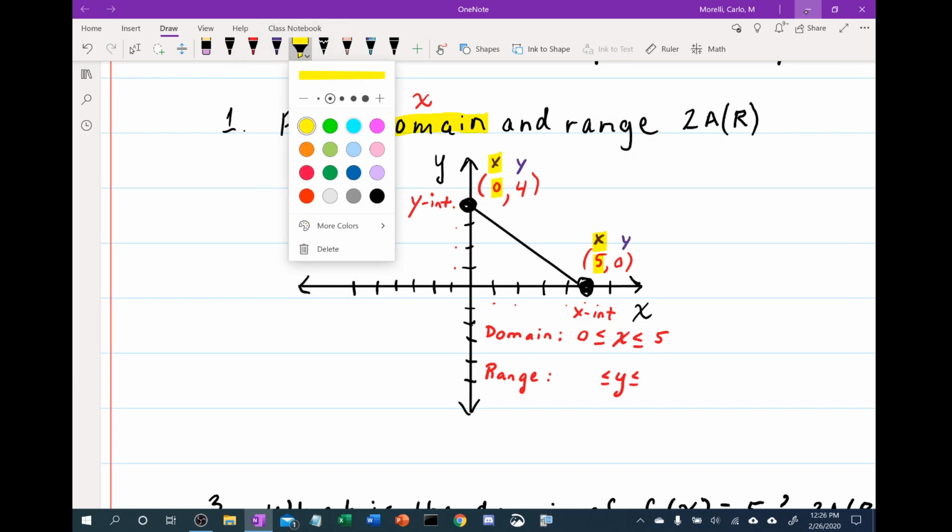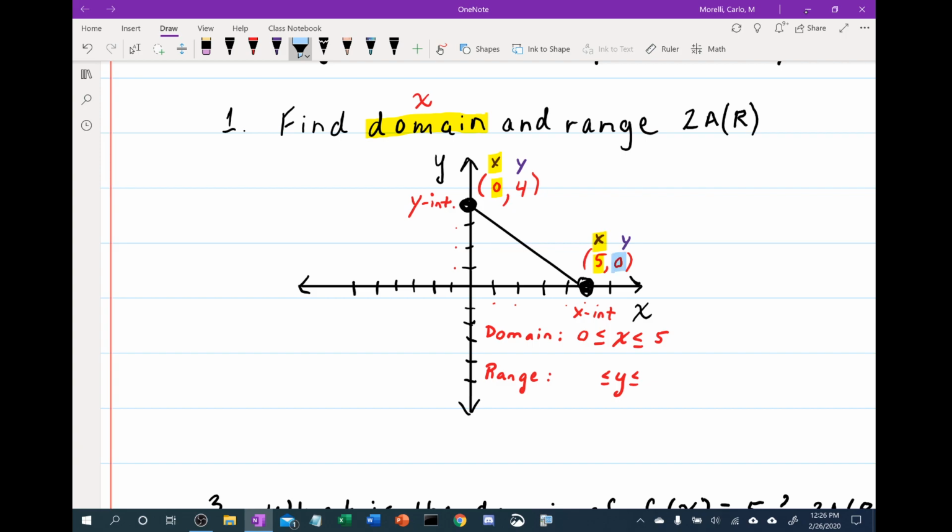Let me highlight that there and there. I'll highlight this and say range, and we make sure we say it's y. And I'm just going to put the smallest y value, which is 0, up to the highest y value, which is 4.